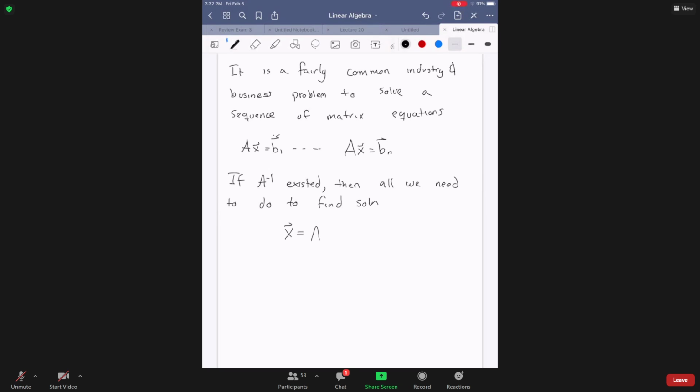The solution would just be A inverse times bn, for every n. Or perform RREF n times, right? And then all that has its own complexity.